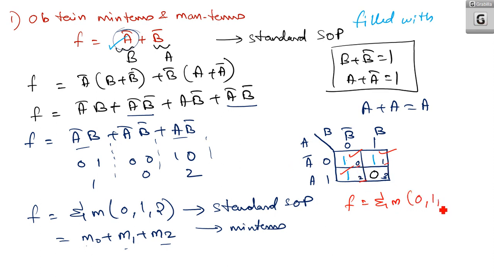What is 0? You can write it as A bar B bar. That term is here. Now, what is m1? m1 is A bar B. That term is here. Third term is A B bar. That is here. So you got the corresponding min terms of the given expression.